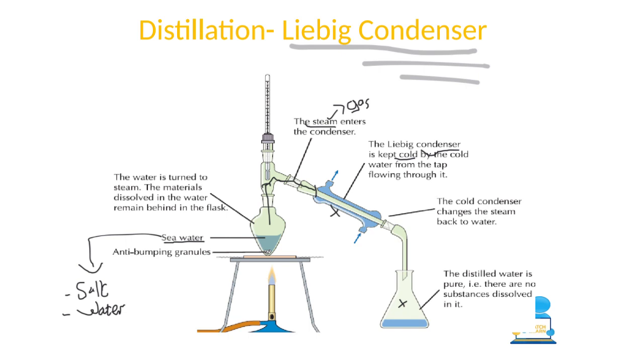It will flow down here and the liquid will end up in the conical flask. And now we have the salt over here, the solid left here, and the liquid over in the conical flask. So the solid will not move. And now through distillation, we have successfully managed to separate a soluble solid, which is salt, from the liquid, which is water in this case.